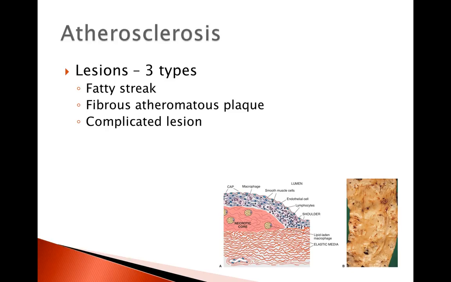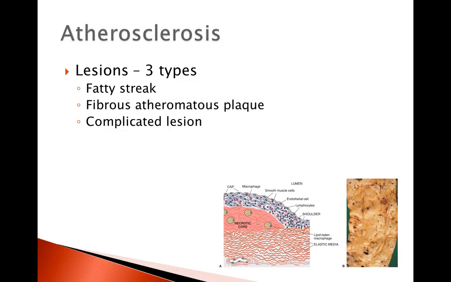Now, a fibrous atheromatous plaque is the accumulation of lipids, mainly cholesterol, with proliferation, that means more growth, of smooth muscle cells and formation of scar tissue. Okay?